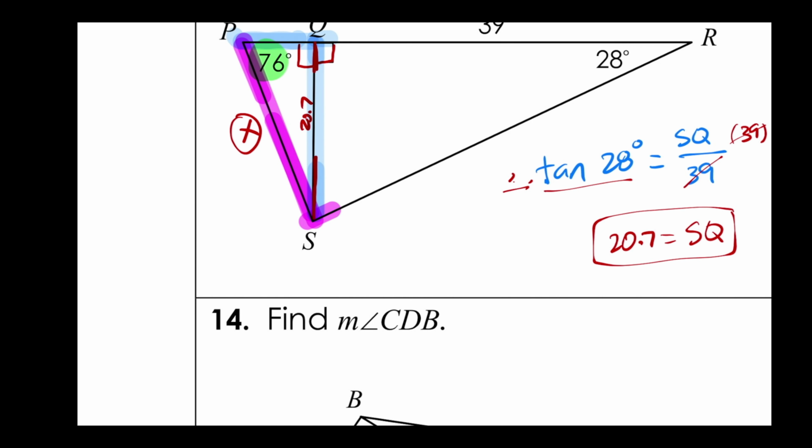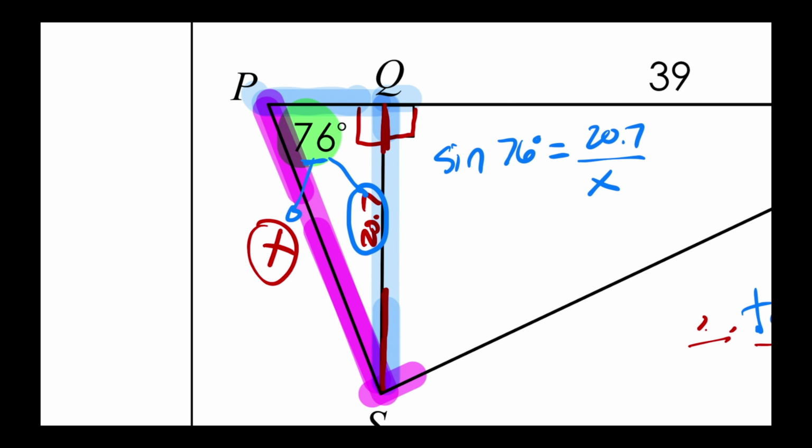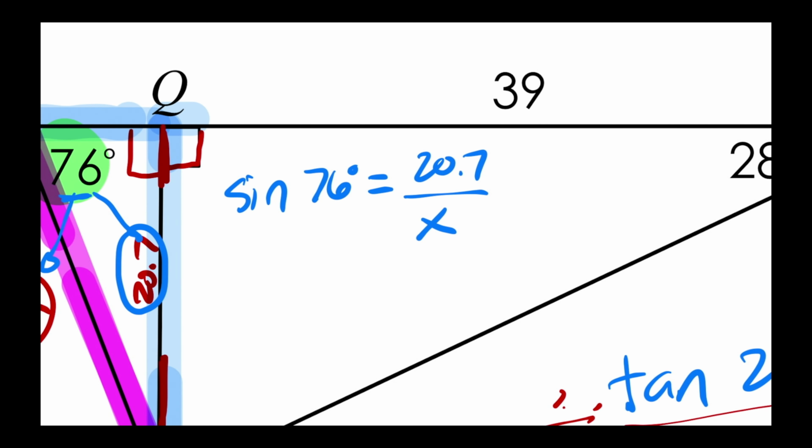Very good. So now I'm going to have my second equation, and I'll write it over here: sine of that angle, 76 degrees, equals opposite leg, which is 20.7, we just found that out, over hypotenuse, which is x, which we don't know. That's the side we want to know. Now, we do not like x in the denominator, so I'm going to multiply x to both sides because that'll cancel it out.